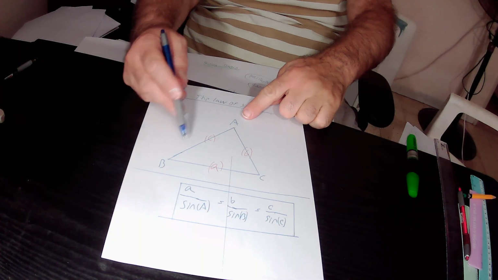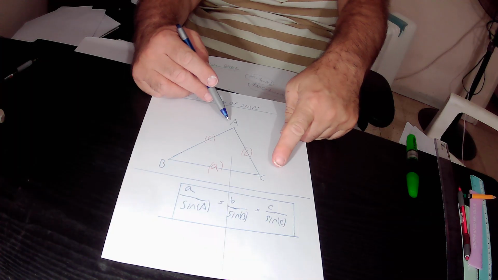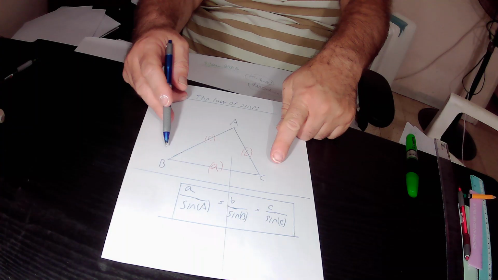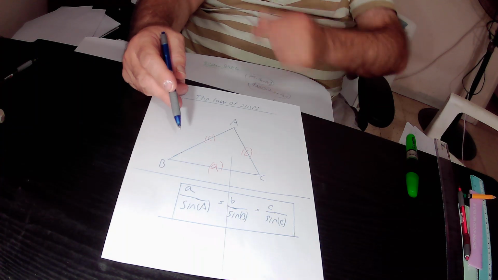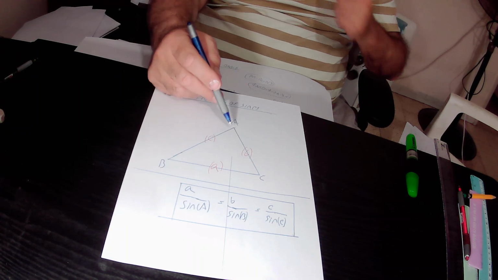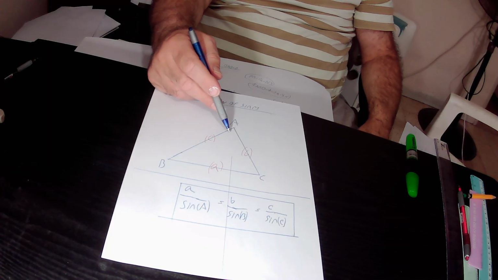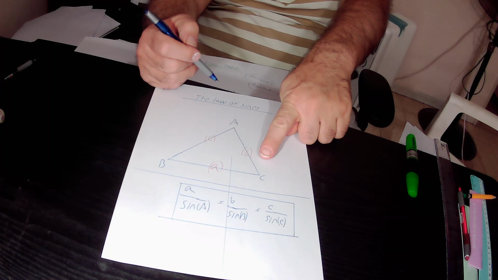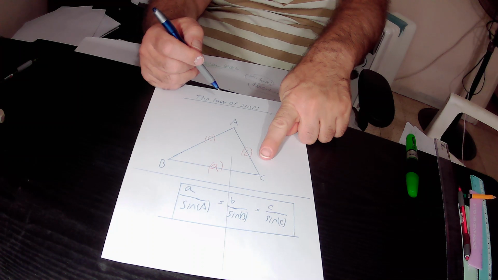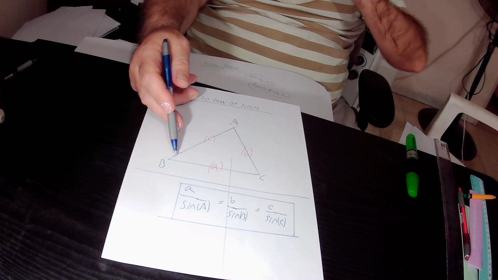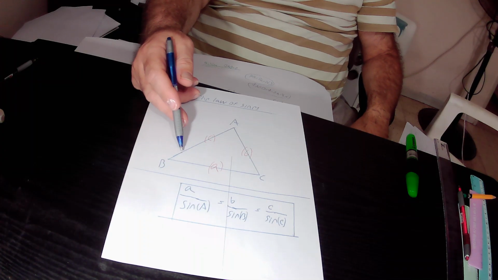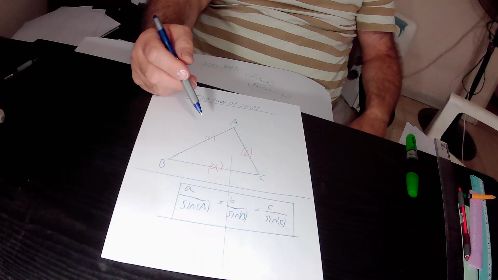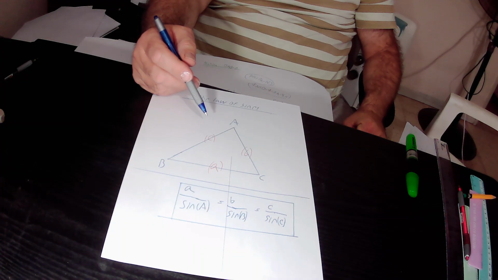The length of side AB is c units, side AC equals b units in its length, and side BC equals a units in its length. The size of this angle BAC is capital A degrees. The size of this angle ACB equals capital C degrees. And the size of this angle ABC equals capital B degrees.